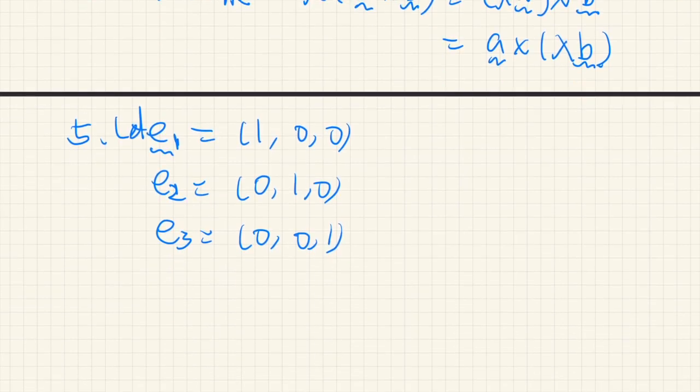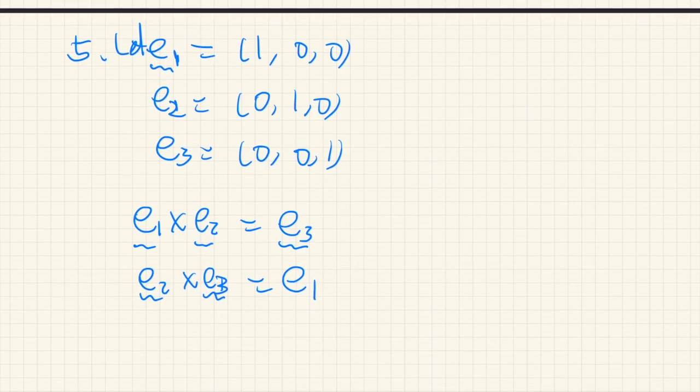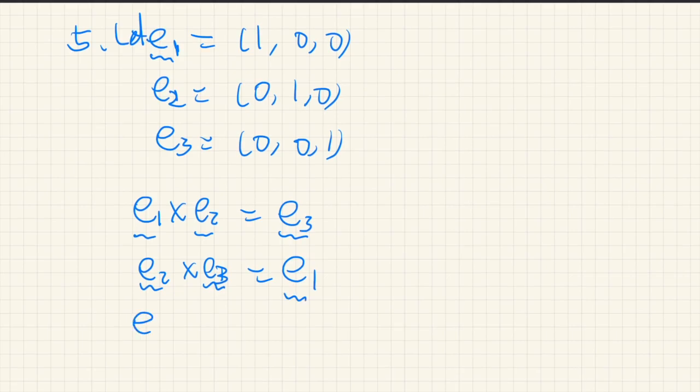Then we have E1 cross E2 equals E3, E2 cross E3 equals E1, and E3 cross E1 becomes E2.